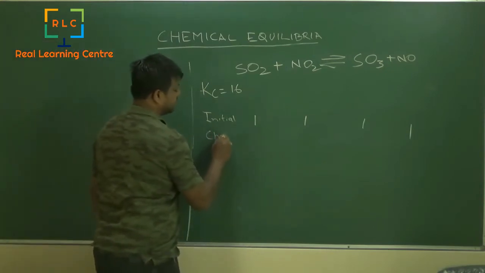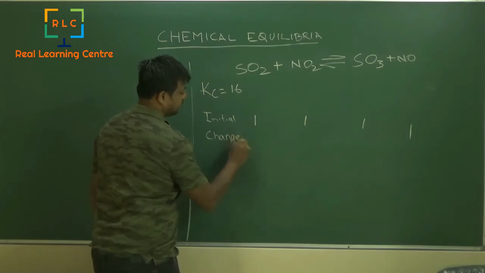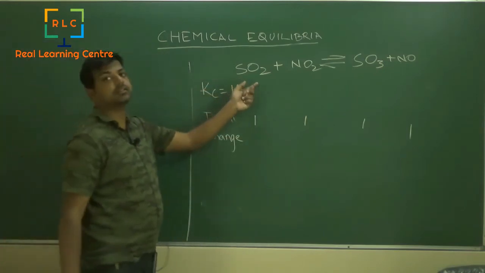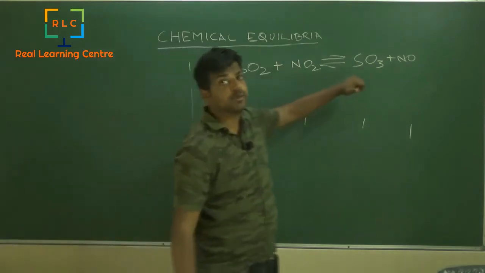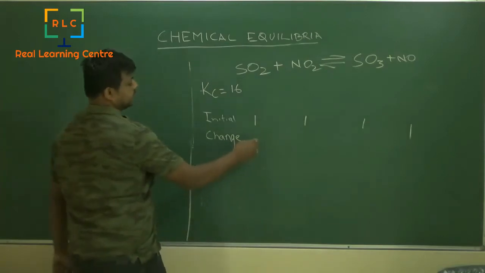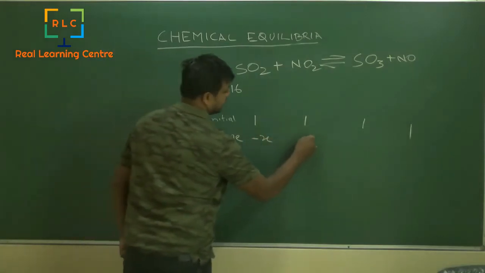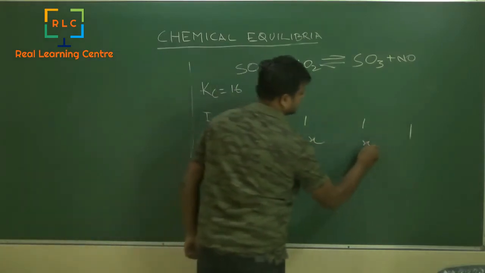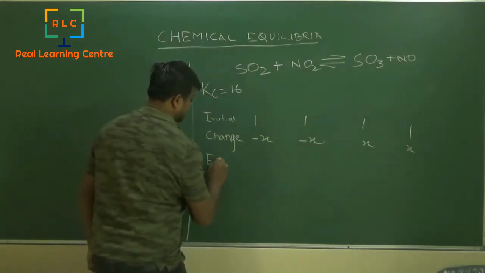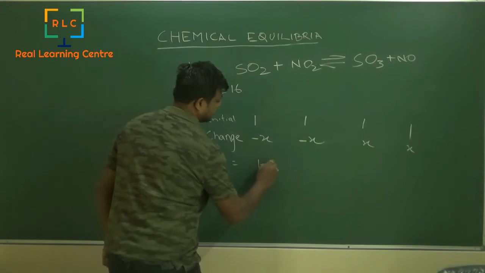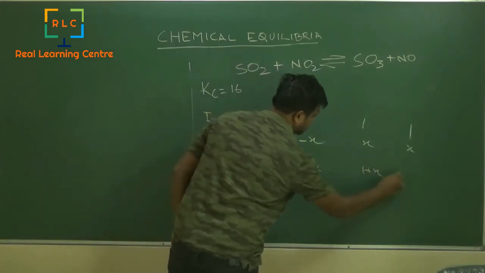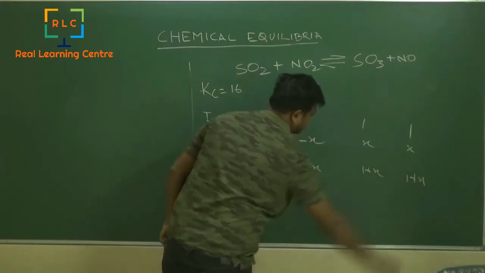Let's write the change part. So let's say x moles of this reacts. It will need x moles of this, and it will give you x moles of this and x moles of that. So the change would be minus x, minus x, plus x, plus x. So at equilibrium, it will be 1 minus x, 1 minus x, 1 plus x, and 1 plus x.